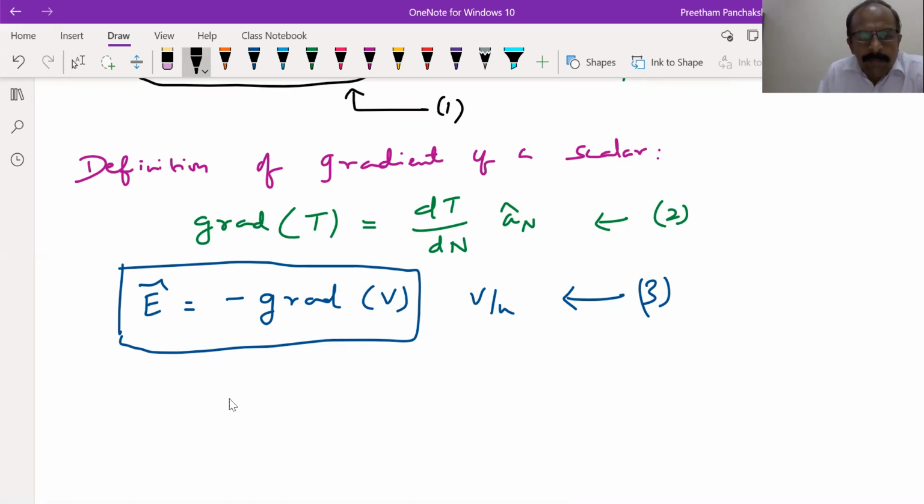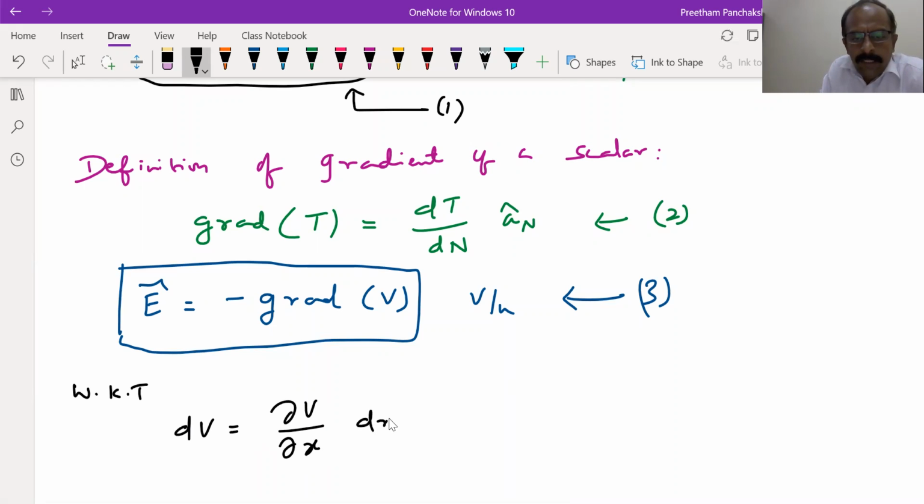We always find Cartesian quite comfortable, so we would like to write a relation for V in terms of partial derivatives. That is, the change in V can be expressed as the rate of change of V in terms of all the variables x, y, and z.